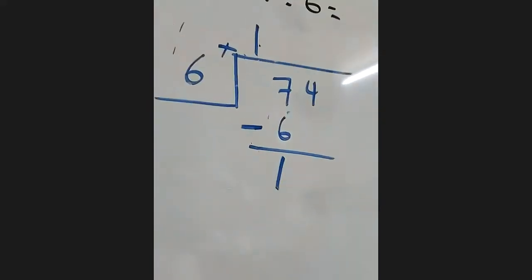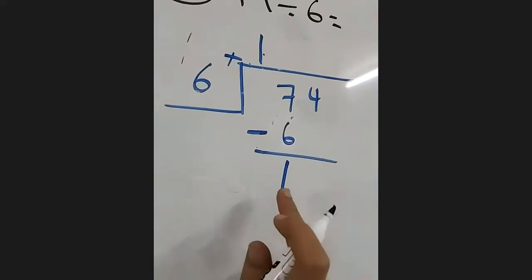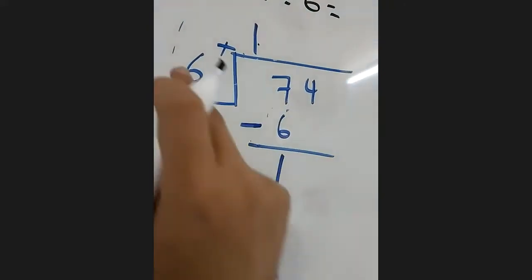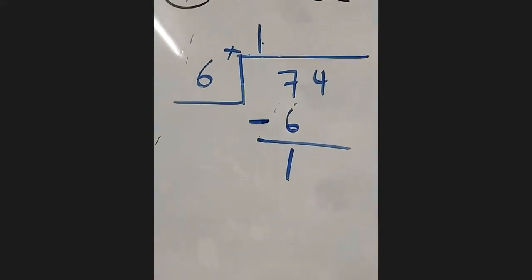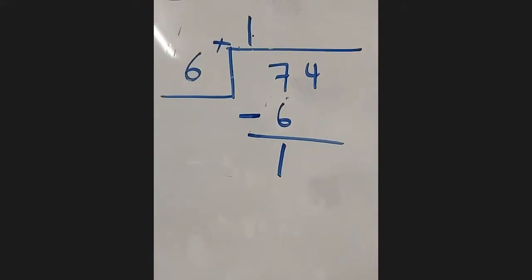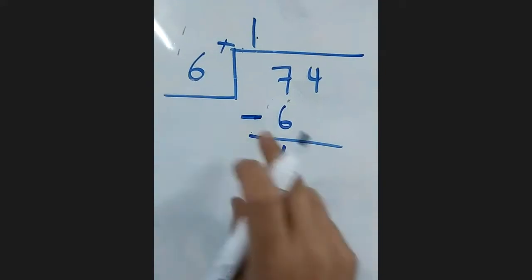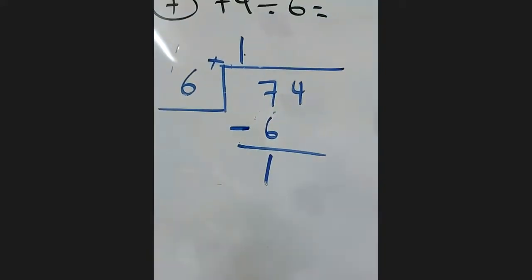Now, before we continue, 1 and 6: is 1 less than 6, more than 6, or equal to 6? 1 is less than 6. So if the number after the subtraction is less than 6, I'm correct. Now, what's the next step?